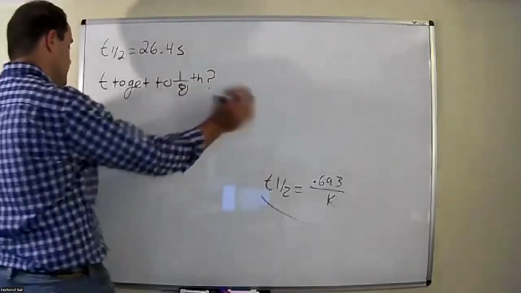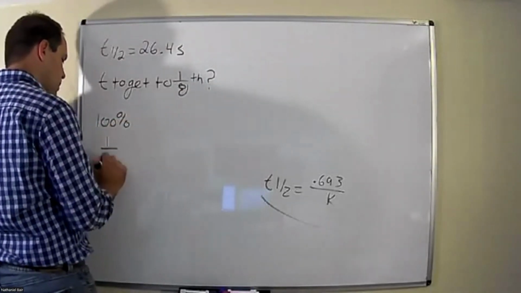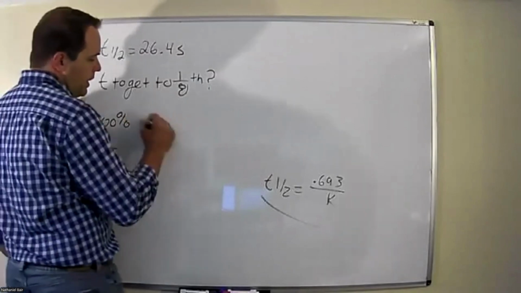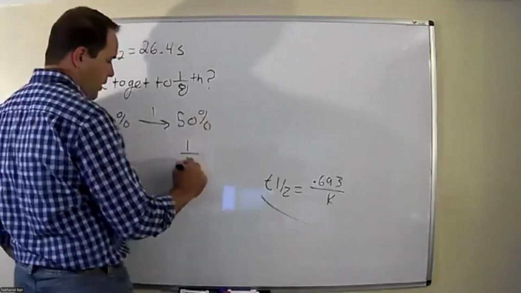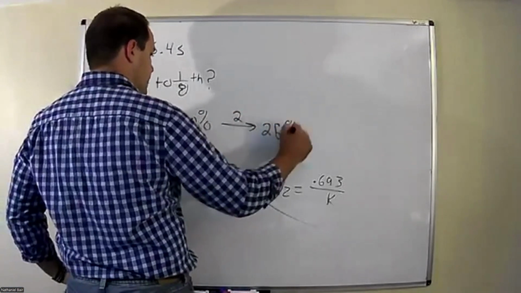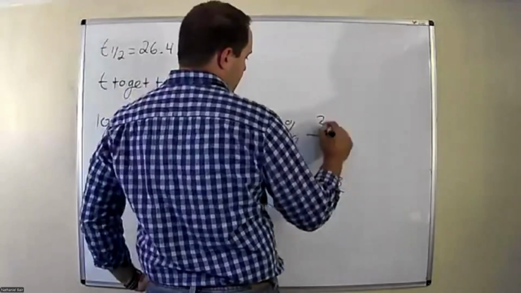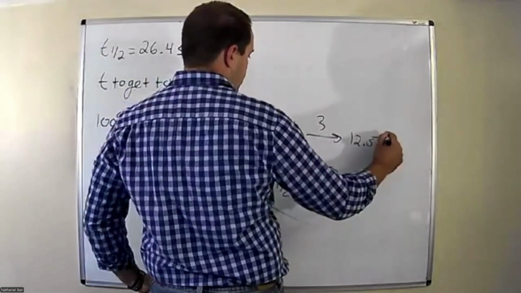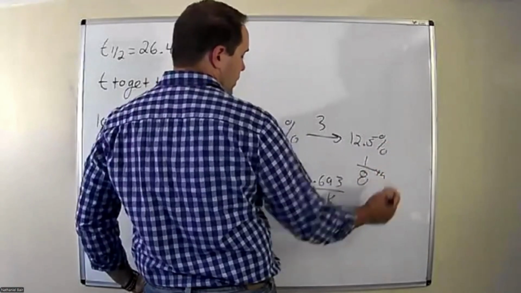Here are the two ways to do this, okay? You're starting with 100% of your stuff, or 1 out of 1. Then you go down after the first half-life to 50%, or 1/2. Then after the second half-life, we're down to 25%, or 1/4. And then after the third half-life, we're down to 12.5% of our original substance, or 1/8 of what we started with.